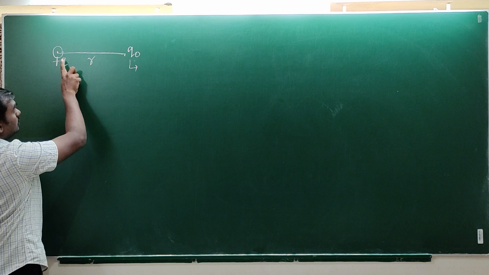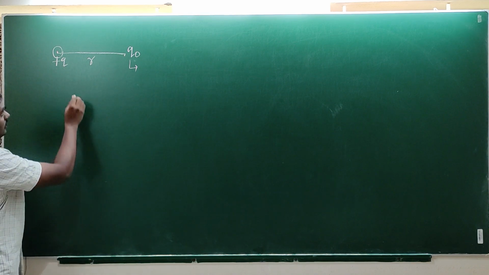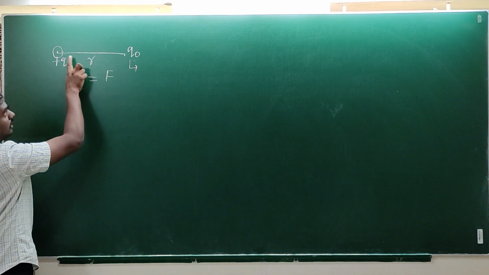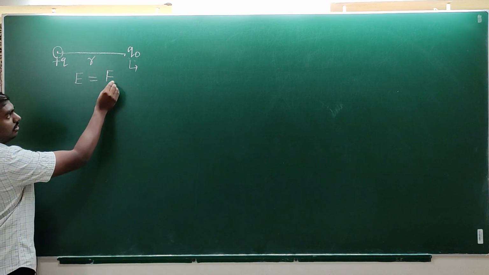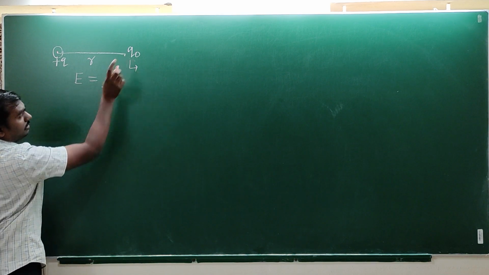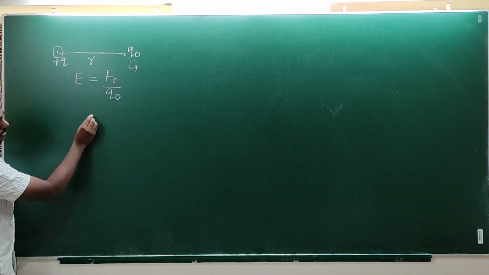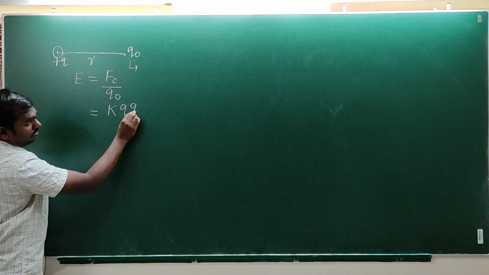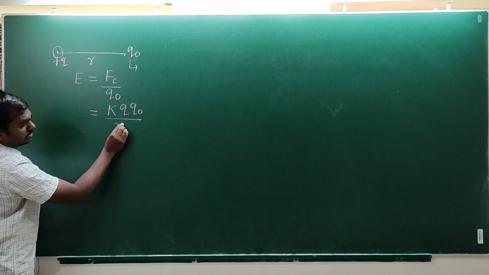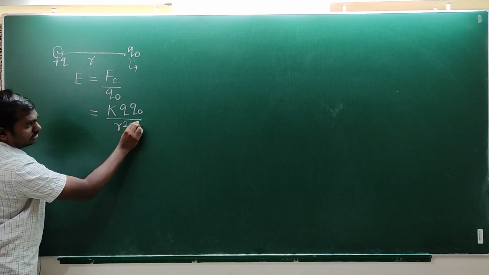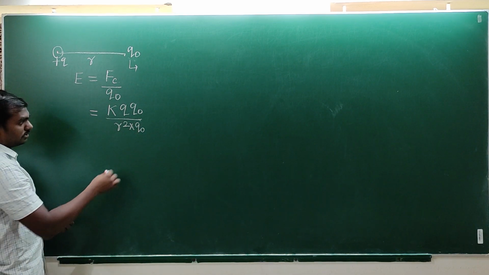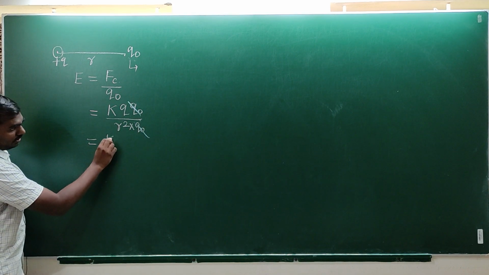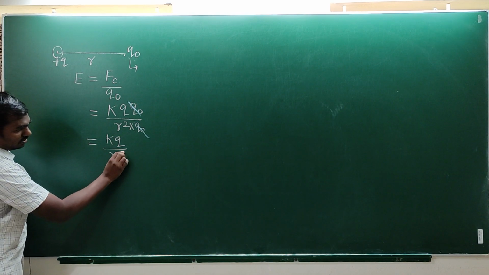So due to this positive source charge, the electric field E equals the electrostatic force of attraction between these two charges, the Coulomb force, divided by the test charge Q naught. If you substitute K Q Q naught by R square, divided by the test charge Q naught, and cancel the test charge, you will get the electric field K Q by R square.